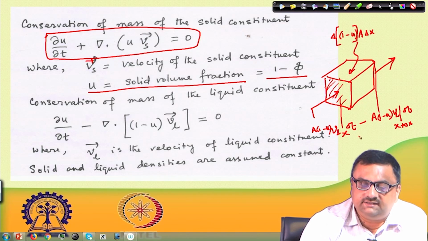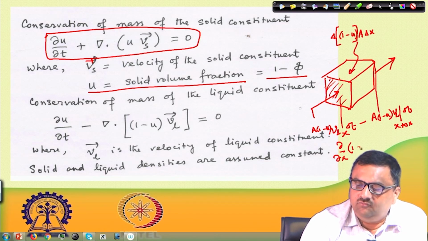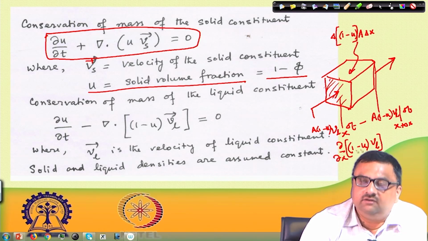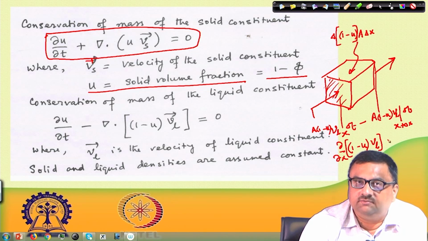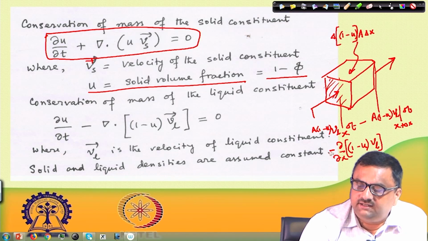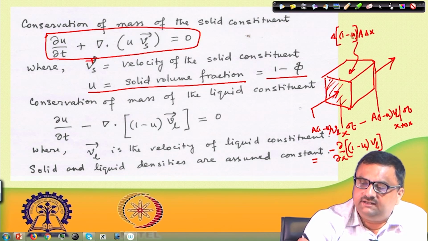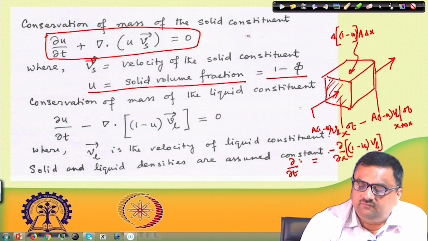So on this side you have the term del x of 1 minus U into V L, for a one dimensional problem, with a minus sign, and on the other side it is again del t of 1 minus U, which is equal to minus of del U del t.